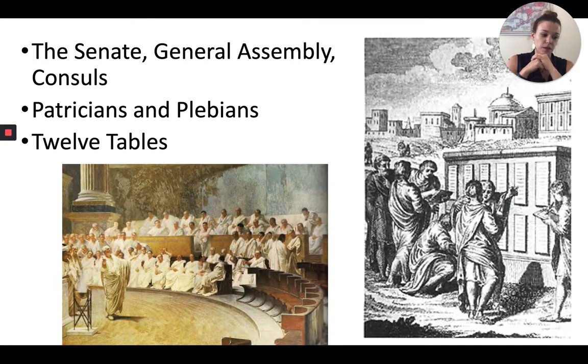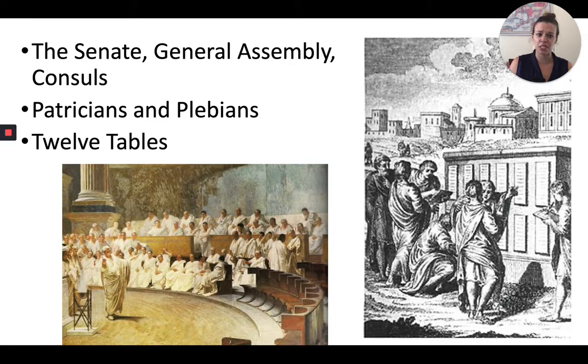So you have a Senate, you have a General Assembly, and you have two consuls, right? So in the same way that we have our American Senate and the House of Representatives, and we have the President. The idea is that Congress, Senate, and House of Representatives makes the laws, but it is the job of the President to execute the laws, to see that they're enforced.